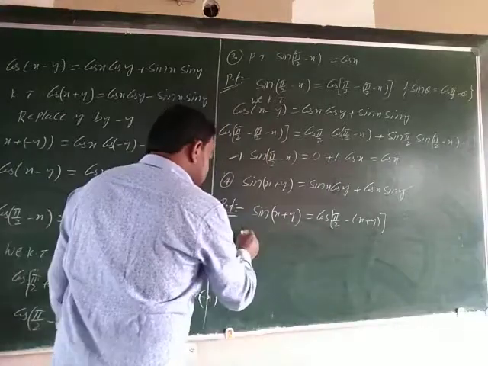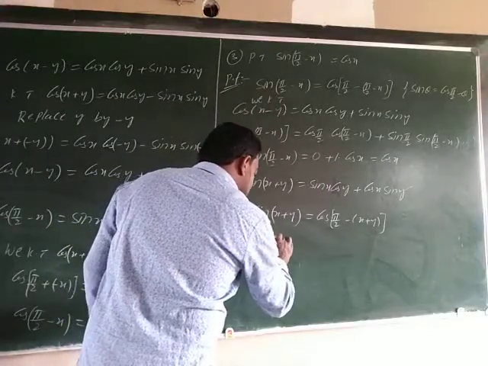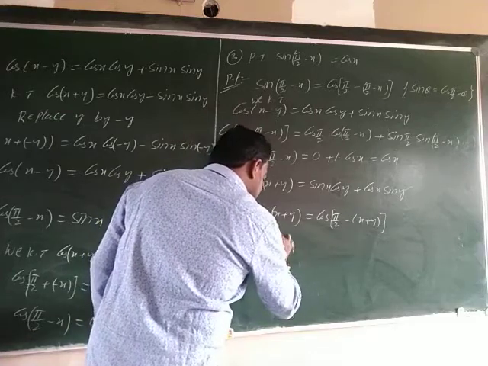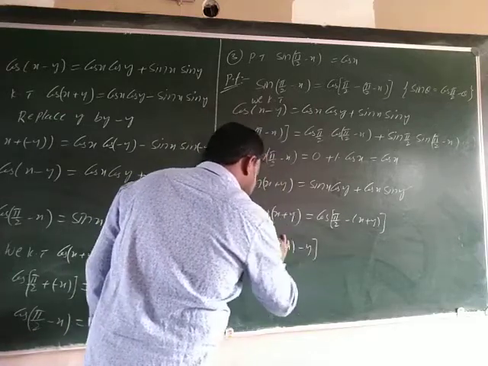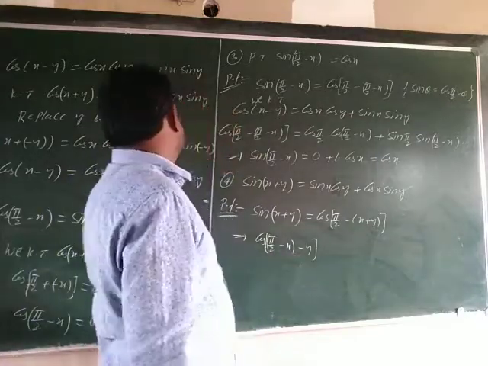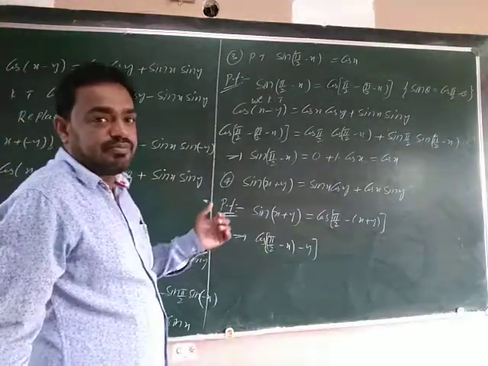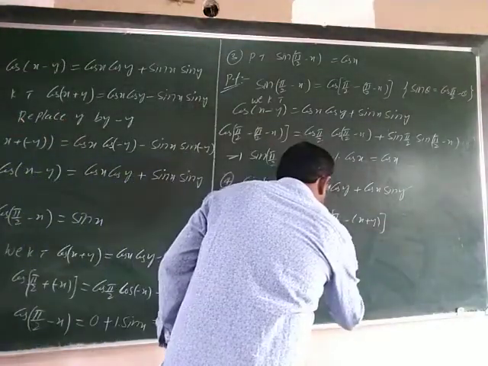So that implies cos of pi by 2 minus x minus y. So it is in the form of cos of x minus y. Cos of x minus y is equal to cos x cos y plus sin x sin y. Use this formula.